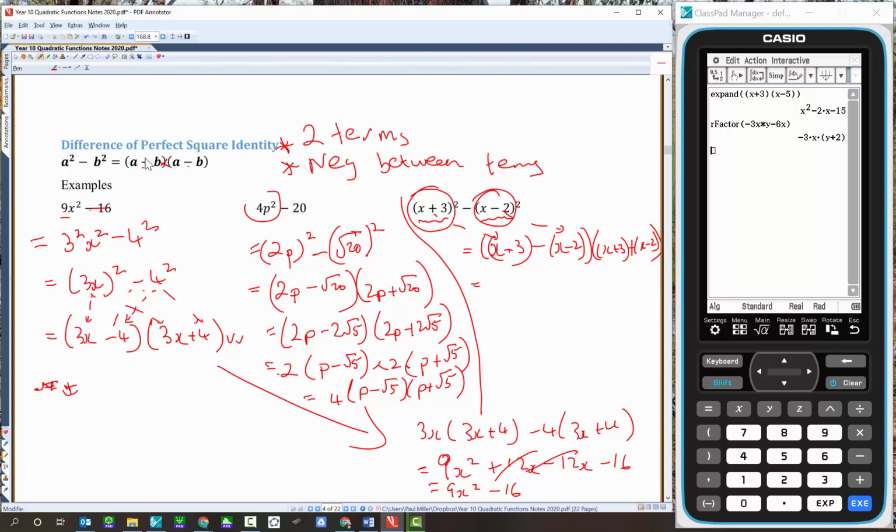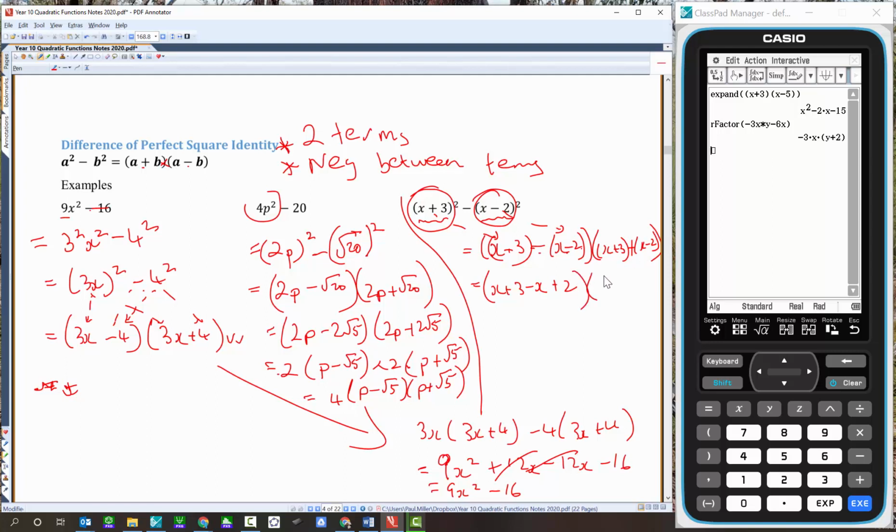Now, that's just that identity there. It's going to be same first term, same second term, negative. Same first term, same second term, positive. So now let's expand this out. We're going to go x plus 3 take x plus 2, so I'm just distributing negative 1 across those two terms.